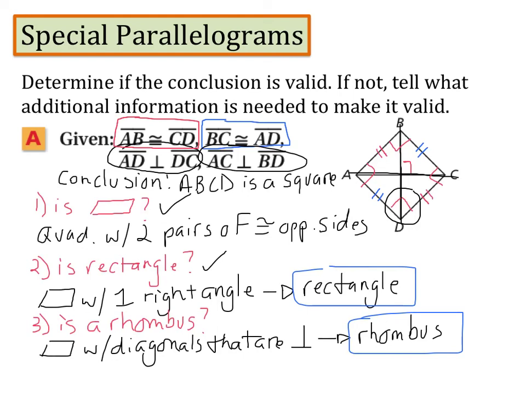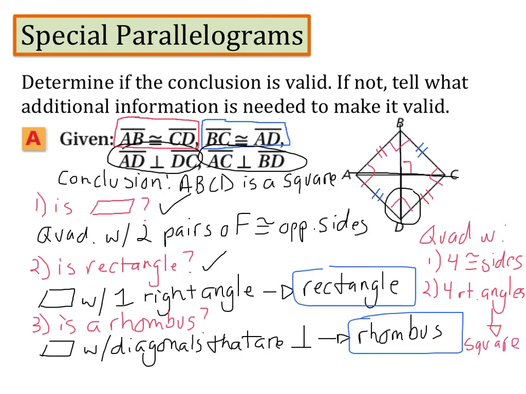So if we have a quadrilateral with four congruent sides and four right angles, then that means we have a square. Like I said, there are different approaches to doing this, but if you go through this checklist, you can see clearly that ABCD is a square.